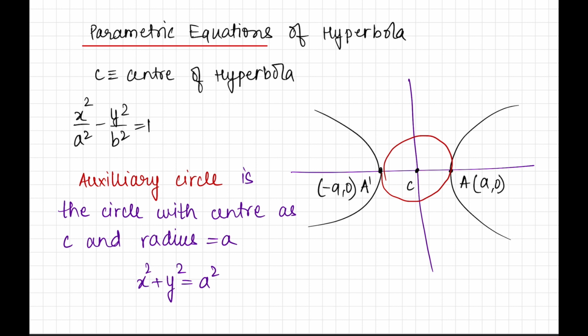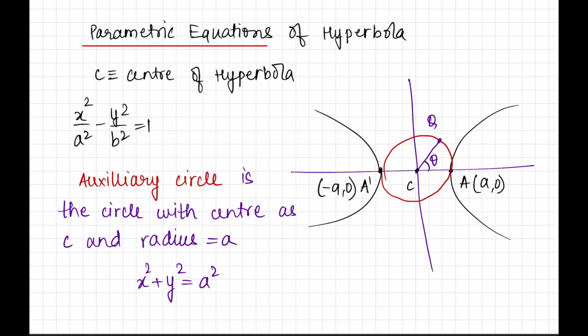Now, in order to understand the parametric equations of the hyperbola, we consider a point Q on the circle, and let us say the line CQ is making an angle theta with the x-axis.